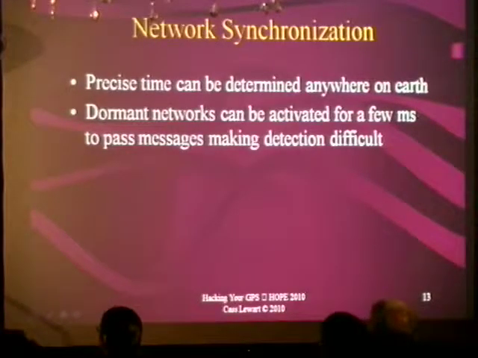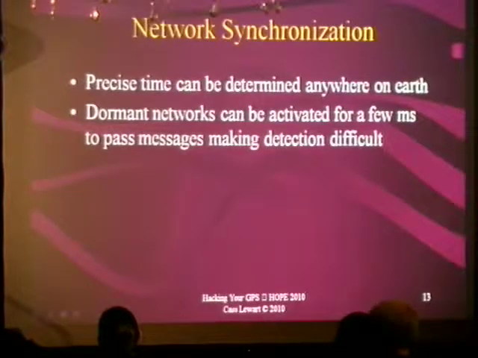And a synchronized network, you may, let's say, open it just for a few milliseconds, pass a signal, so it can be used for cryptography, for passing information at a very specific time. There are lots of applications for really precise time information, which can be received everywhere on the globe.